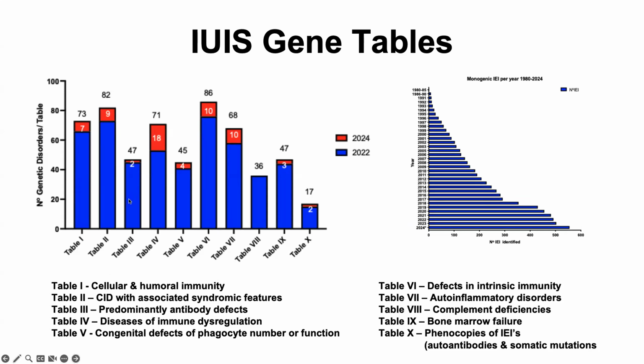And this is from the last time that we did this in 2022. The numbers of genes in each of these tables are shown in blue, and our update that we just barely got accepted for publication adds these additional numbers of genes in red to each of the tables.